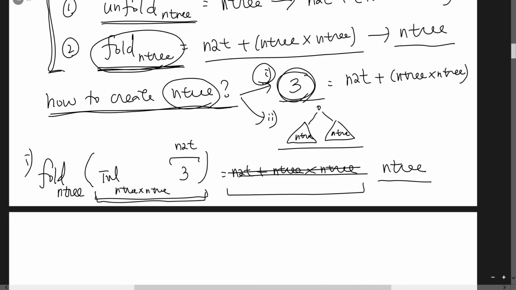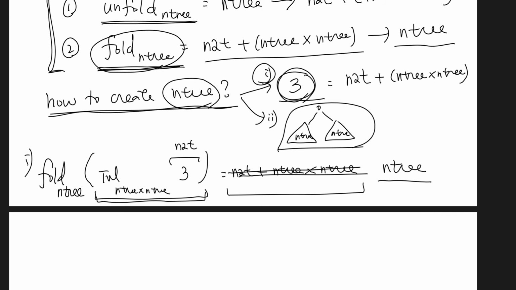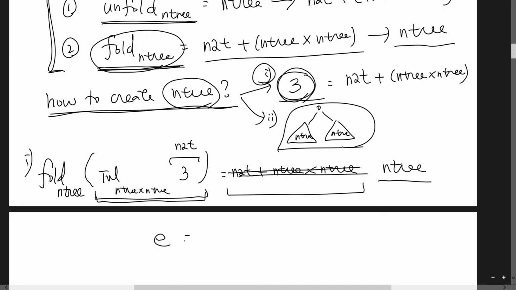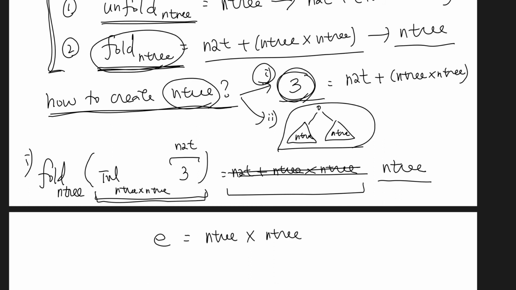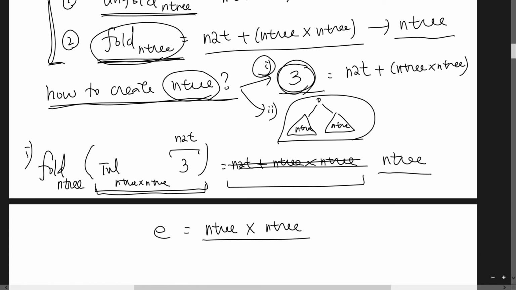And what about this one? Suppose that you have a pair of natural number 3s. So let's just say you have an expression E of type Nat3 times Nat3. This is the product type. So what that means is that you have two smaller natural number trees as indicated by this product type.